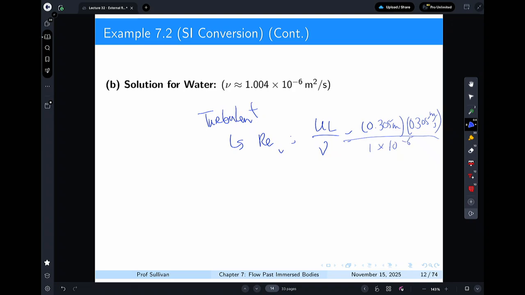And in this case, Reynolds number is 92,600, which is, oh wait, it is laminar. Sorry, it's not 50,000, it's 500,000.